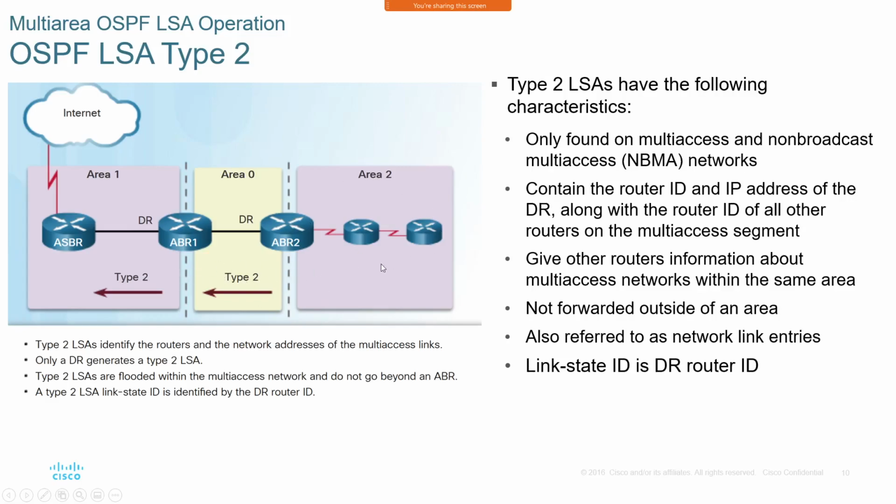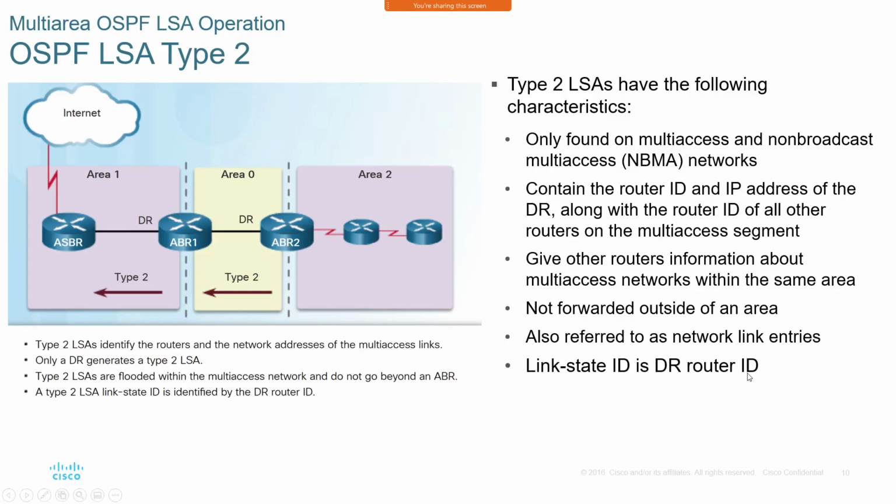After all, we don't even have an election here. We do have elections where we have a gigabit Ethernet connection, because by default that is considered a multi-access or non-broadcast multi-access network. That's why it requires an election, and that is why it will have type 2 LSAs.